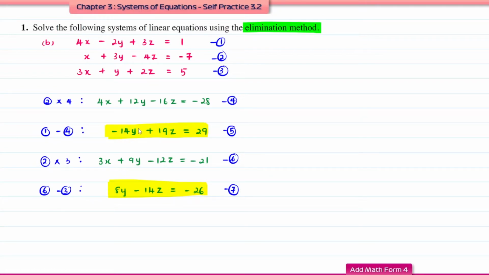But first we need to choose another variable to be eliminated and equalize it. Here I'm going to choose the y to be eliminated. So for 14 and 8, the lowest common multiple will be 56. Therefore, to equalize the y, equation number 5, I'm going to multiply by 4, and for equation 7, I'm going to multiply by 7.